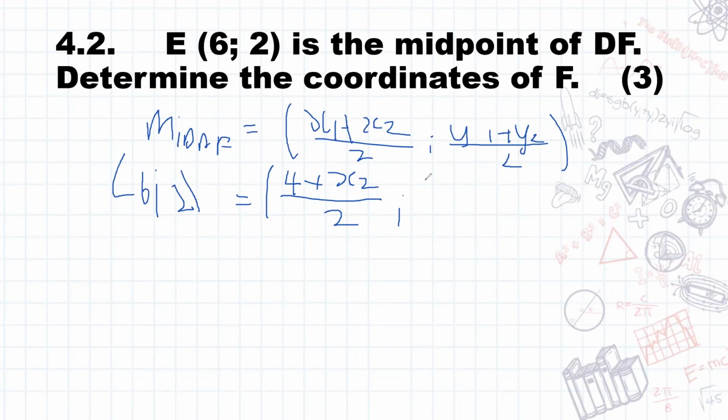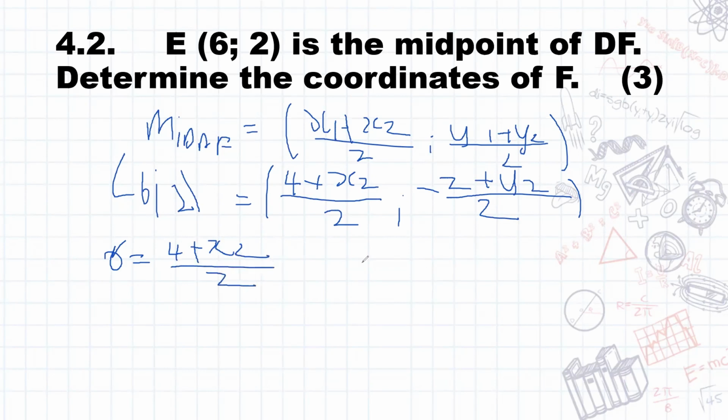And we're looking for the y of our F coordinate. So again, the y coordinate of D is -2. We don't know what the y coordinate of F is, and 2. Now, essentially what this does is it breaks up into 2 separate equations. So what we'll have is 6 is equal to 4 plus x2 over 2, and we'll have 2 is equal to -2 plus y2 over 2.